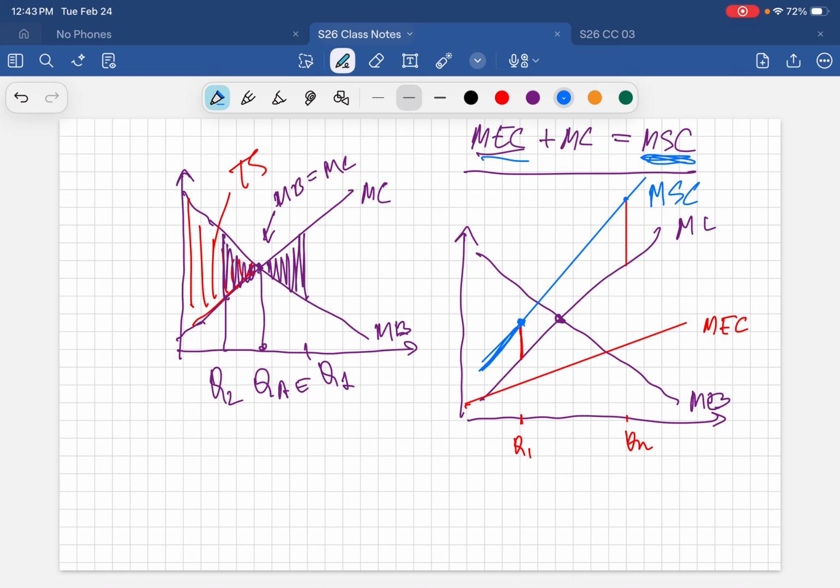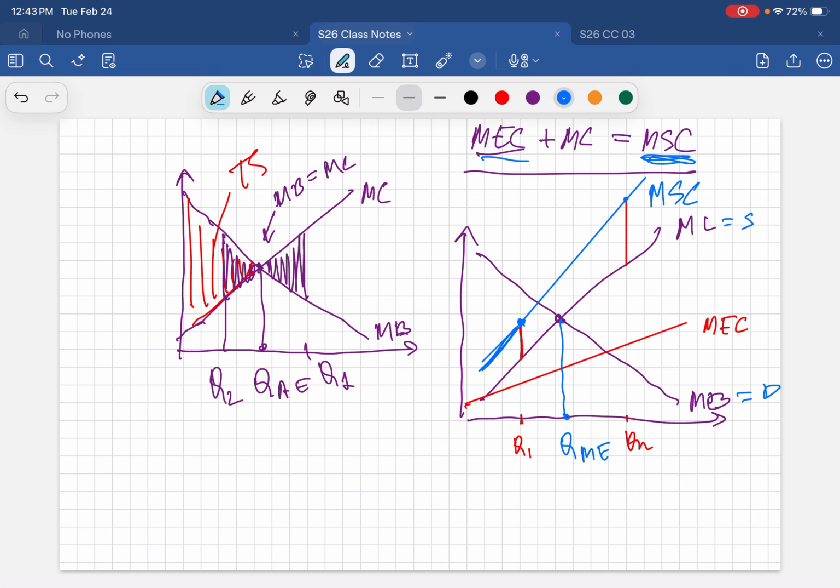As you came up with your MSC curve, you should forget about your MC. MC only matters for figuring out the market equilibrium. If we're talking about supply and demand, this is where the market will be if you leave it alone and let it do what it wants to do.